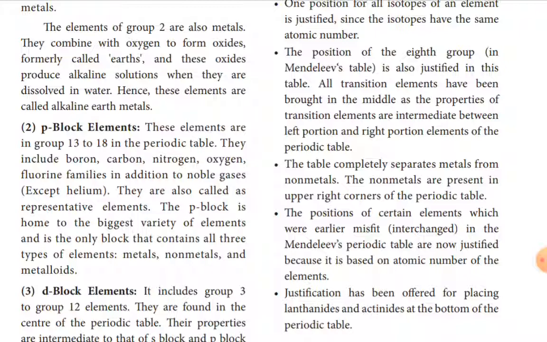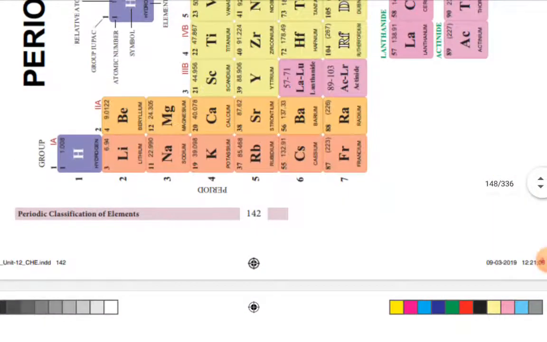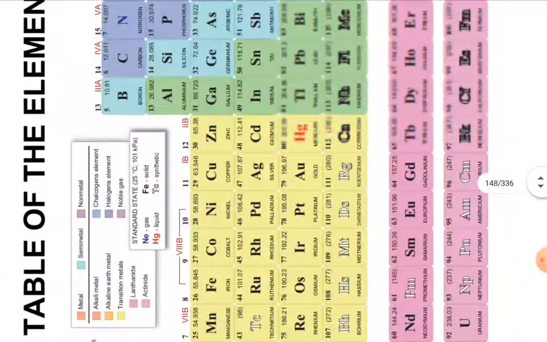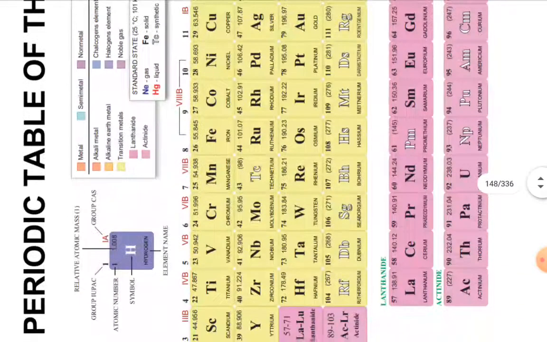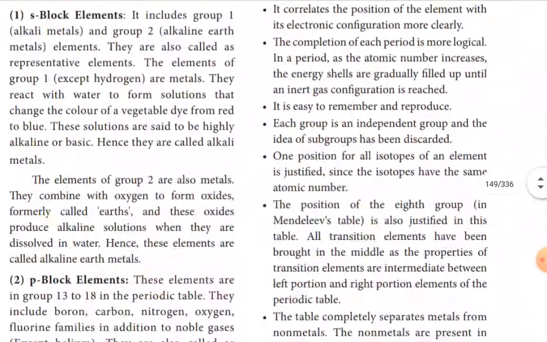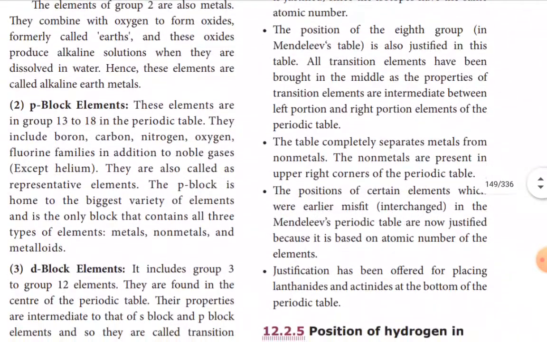Normally the non-metals are present in the upper right side corner of the periodic table. When you see the periodic table, the non-metals are given on the right side, that is carbon, nitrogen, oxygen, fluorine, phosphorus, sulfur, chlorine, helium. All these are non-metals, which are given on the right side top of the periodic table.